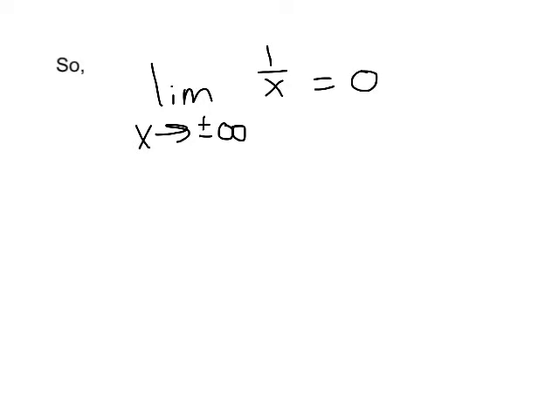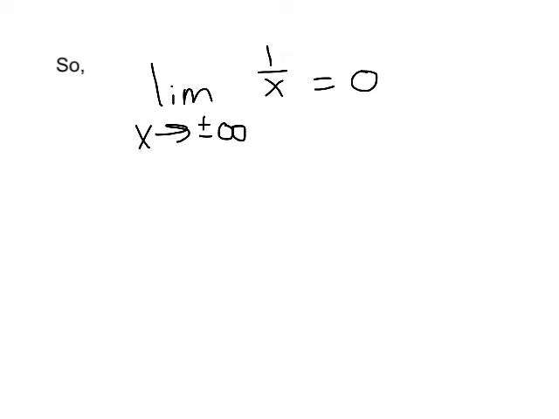So we can define a rule for the limit of a specific function as x approaches infinity. And here it is: the limit as x approaches either positive or negative infinity, doesn't matter which one, of the function 1 over x, that limit is going to equal 0. And we're going to work with that concept throughout the next few examples.